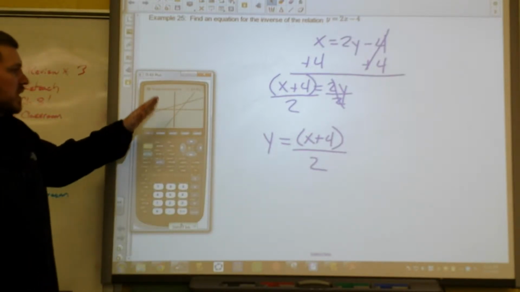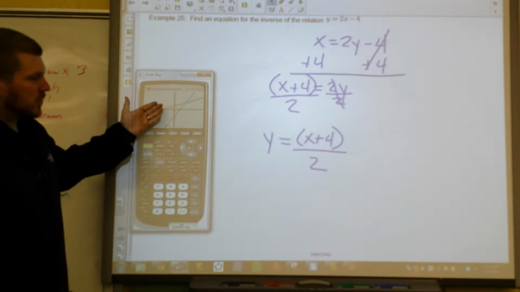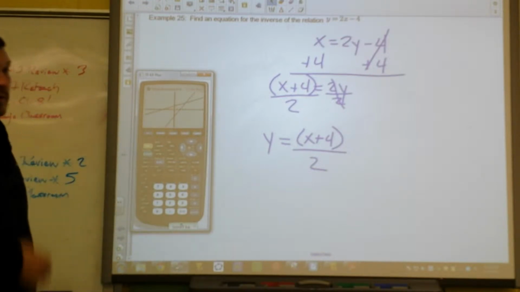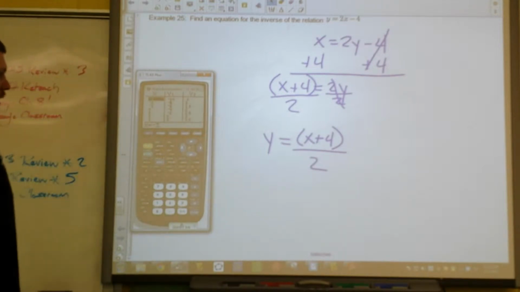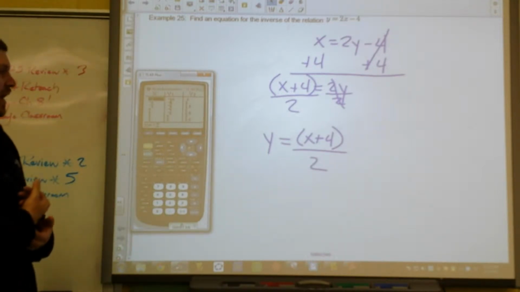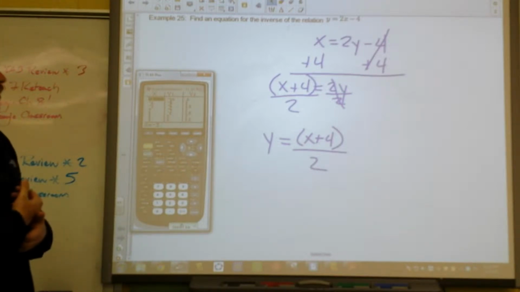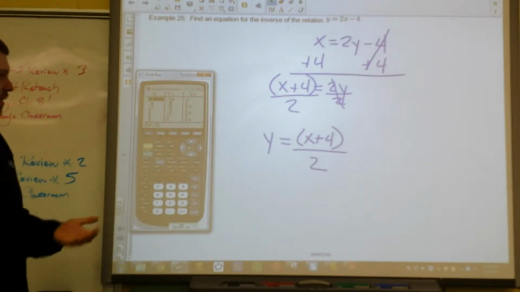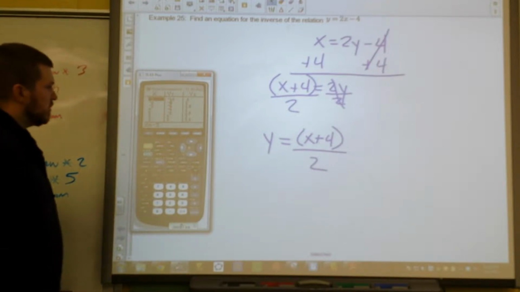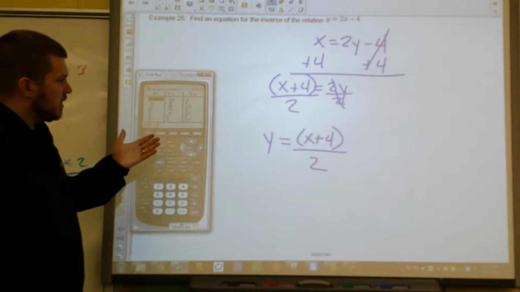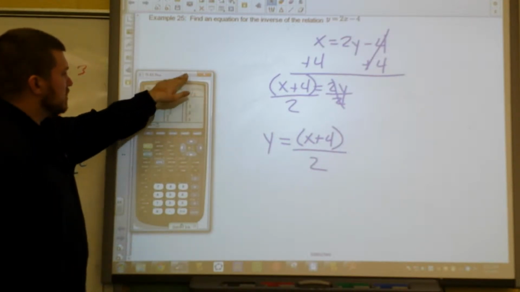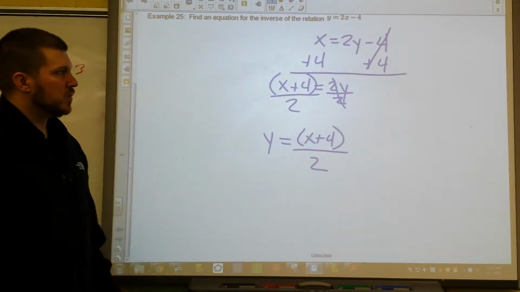What we should see is that these two graphs are reflections of each other across the line y equals x, but we can see it even better if we go to the table. What should happen is that the x and y values essentially switch places. So the x and y values should flip-flop, and that's what's happening here. Everything's looking good, so we have the correct inverse function.